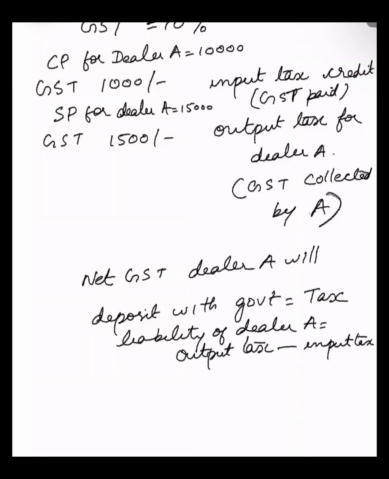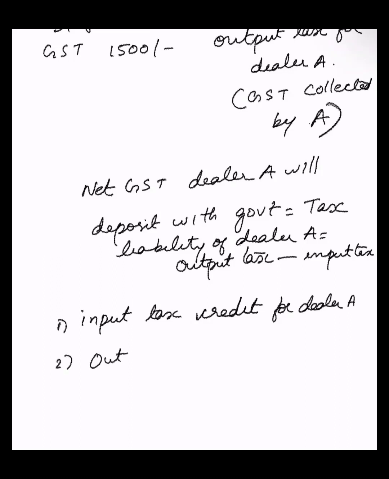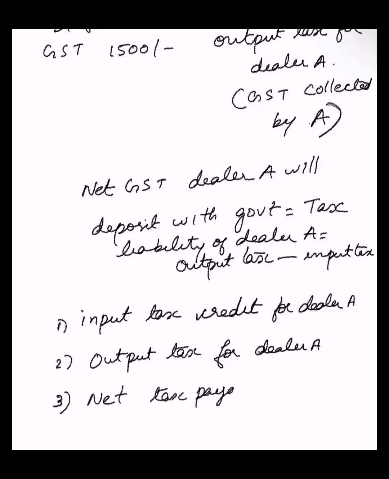So if a question is asked in which they are asking what is the input tax credit for dealer A, what is the output tax for dealer A, and what is the net tax payable or tax liability of dealer A.